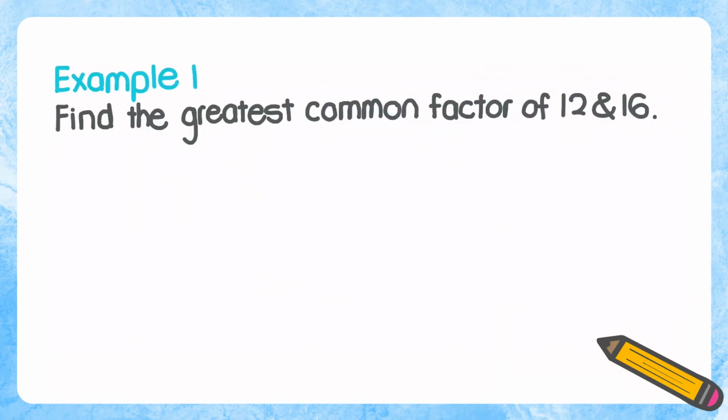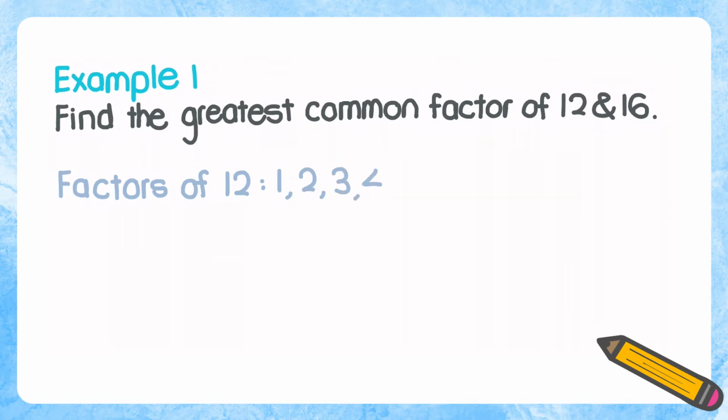So let's look at some examples. For example 1, we're going to find the greatest common factor of 12 and 16. What we're going to do first is list out all factors for 12 and all factors for 16. Let's start off by looking at the factors of 12. And if you have questions about how to find these factors, definitely let me know. So the factors of 12 are the numbers that 12 is divisible by.